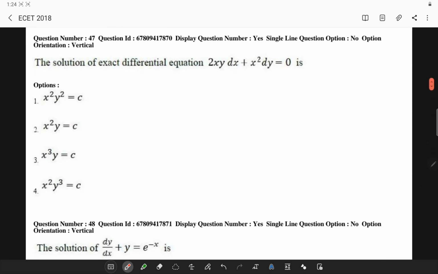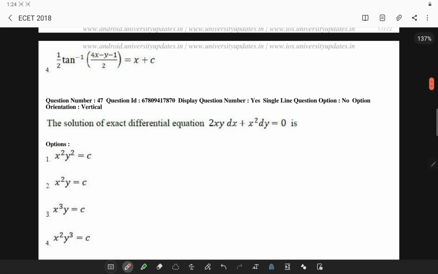The next question is again related to differential equations. So I have 2xy dx + x² dy = 0.